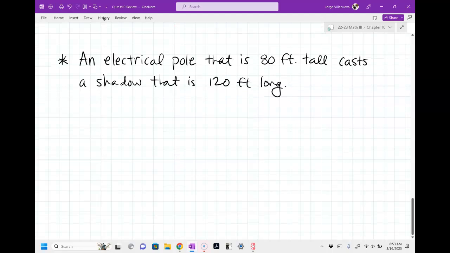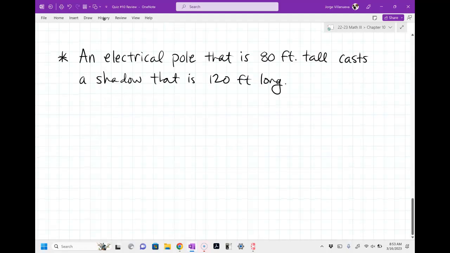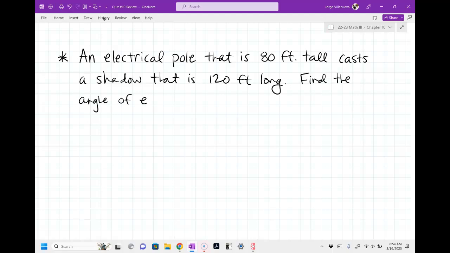So an electrical pole that is 80 feet tall casts a shadow that is 120 feet long. Find the angle of elevation of the sun to the nearest degree.